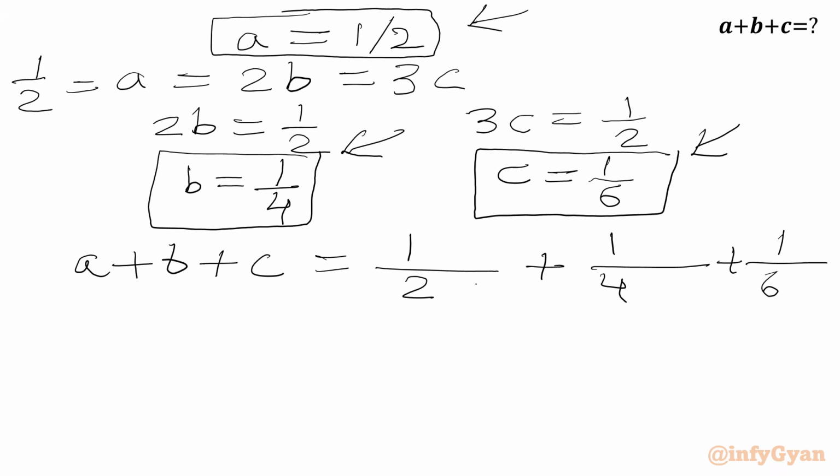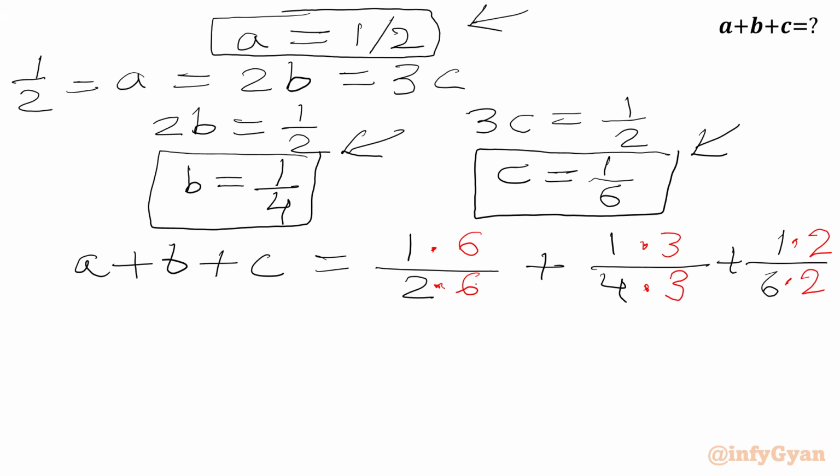Now we have different denominators but convertible. We will multiply here with 6 in the numerator and denominator. Here we will multiply with 3 in the numerator and denominator. And here we will multiply with 2 in the numerator and denominator.